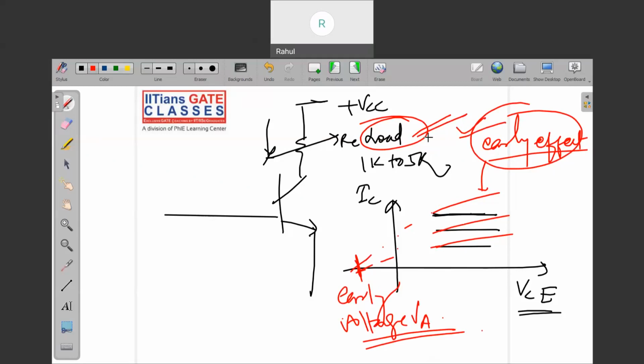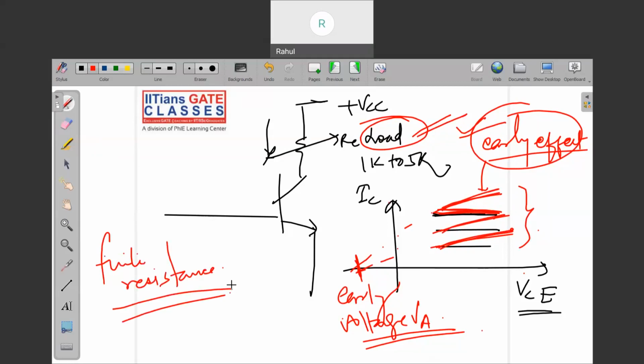Here you can see this is the constant current, but this current starts varying. So there is a slope in IC versus VC. If there is a slope, then there will be finite resistance. This is a very important concept. If RC changes, VC changes.